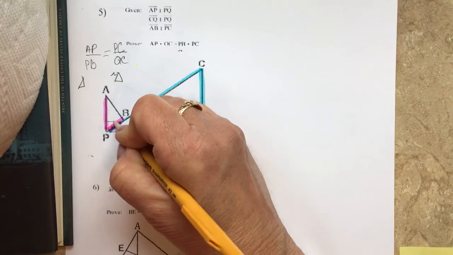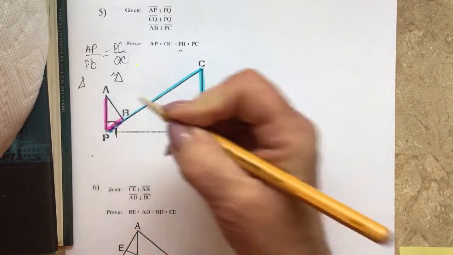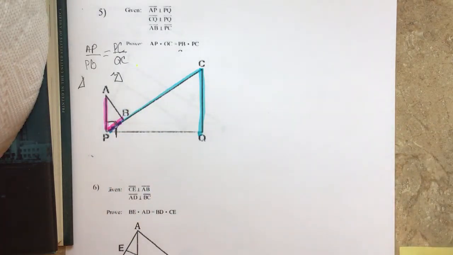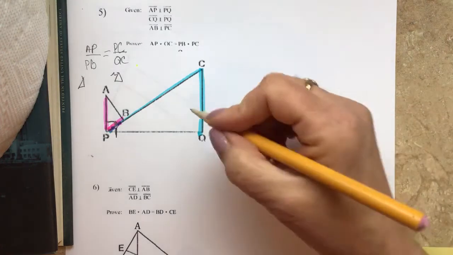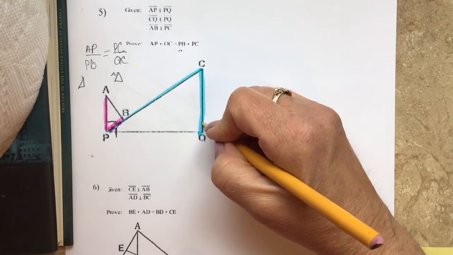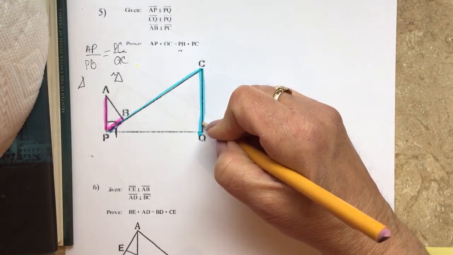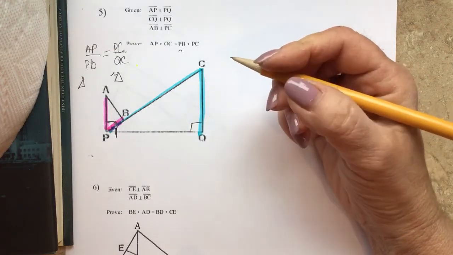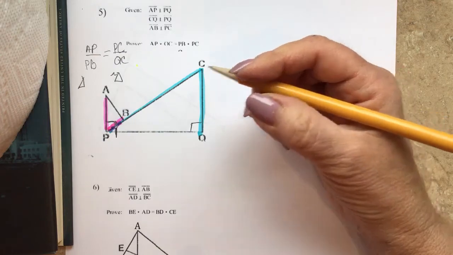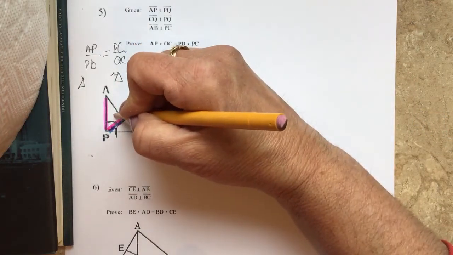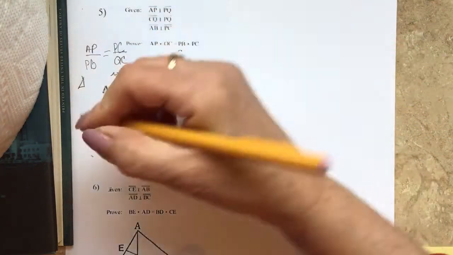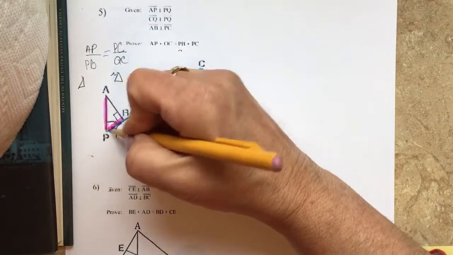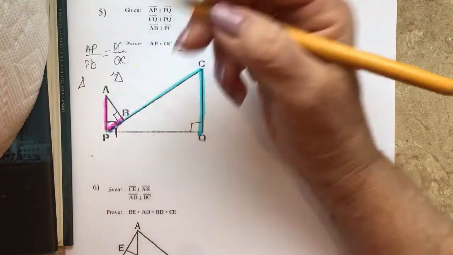So they're talking about that big angle right here. CQ is perpendicular to PQ. And AB is perpendicular. All right, so this one we're going to have to name with 3 letters.